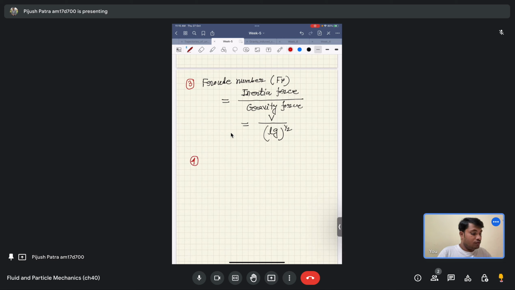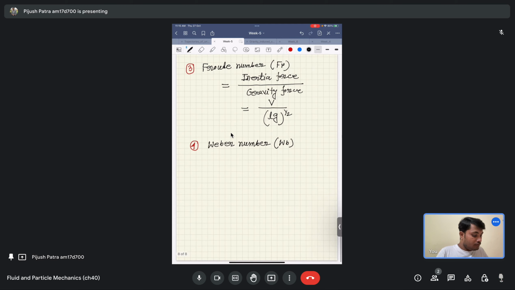Number 4 is the Weber number, WB, which is equal to the surface tension force divided by the inertia force.